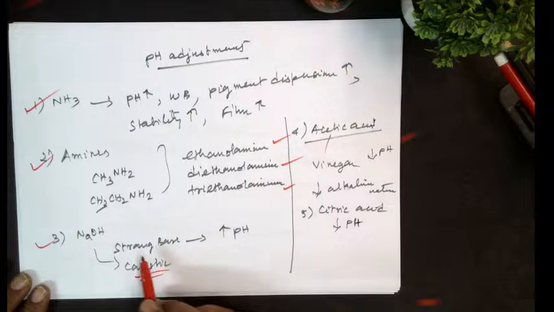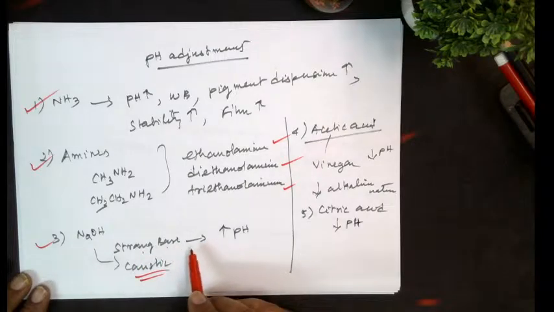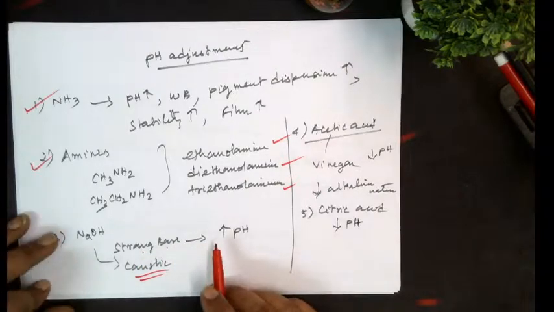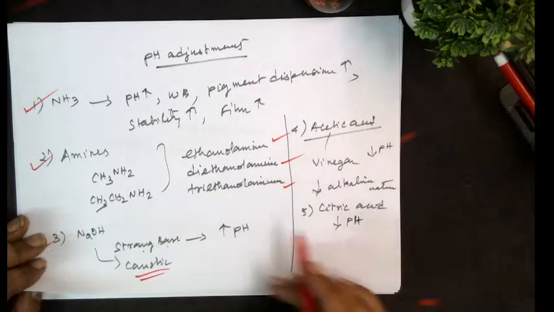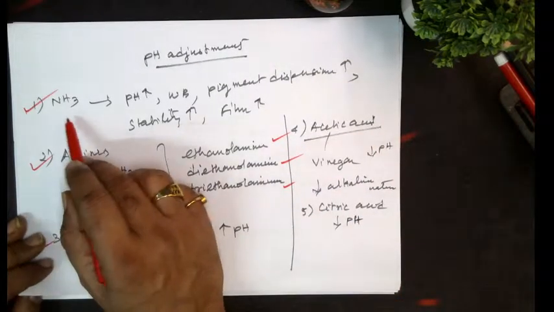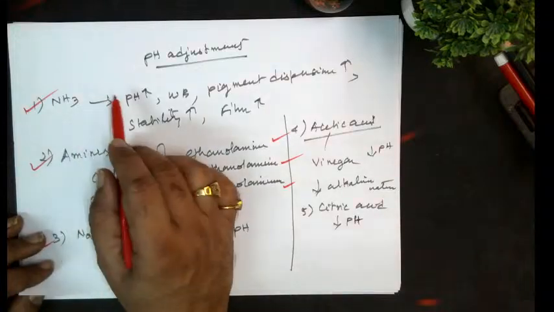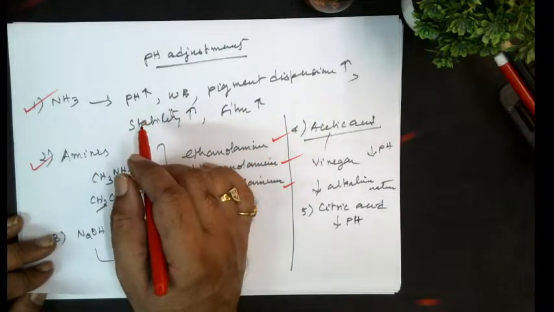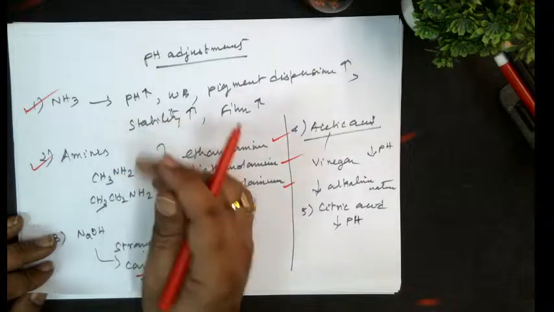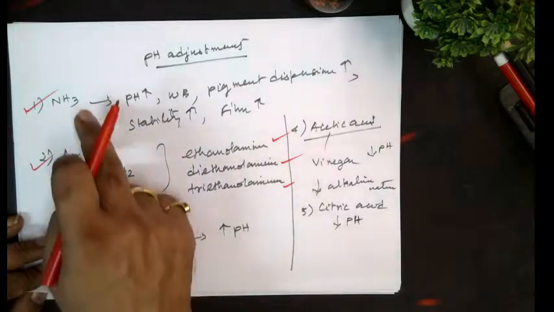When your pH is very, very low and it should be abruptly increased, you can use sodium hydroxide and thereby increase the pH. When you want to mildly increase the pH, between 8 and 10, or 8.5 to 9.5, then we can make use of ammonia.